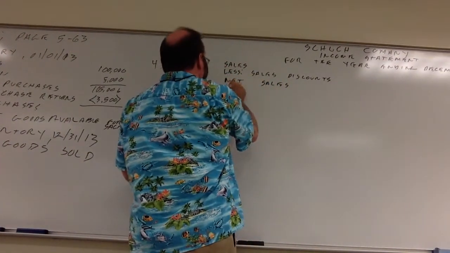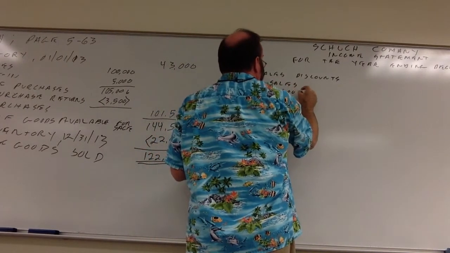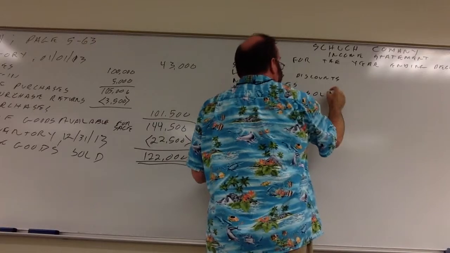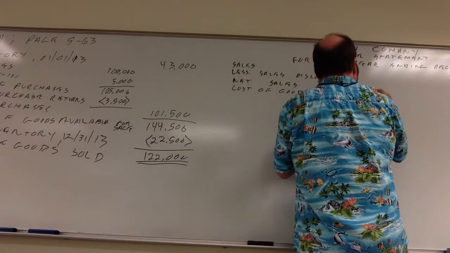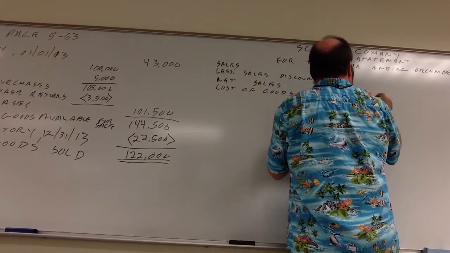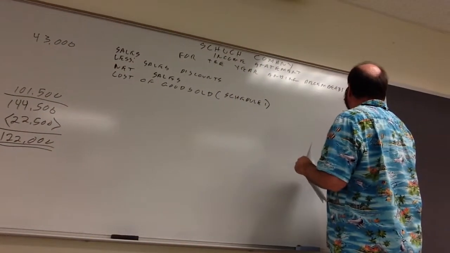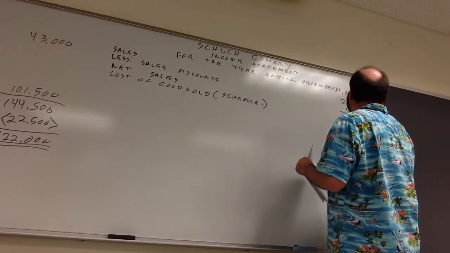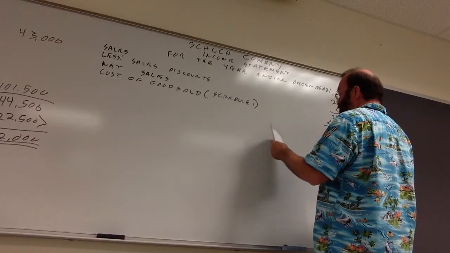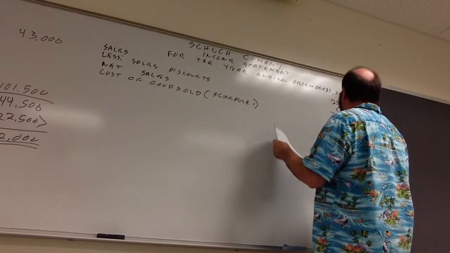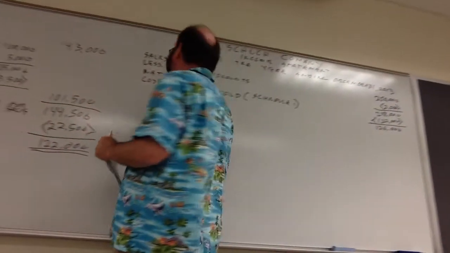So cost of goods sold, we'll call this Schedule 1. We just calculated it at $122,000. Subtract that from your net sales and you get your first subtotal of $126,000 gross profit.